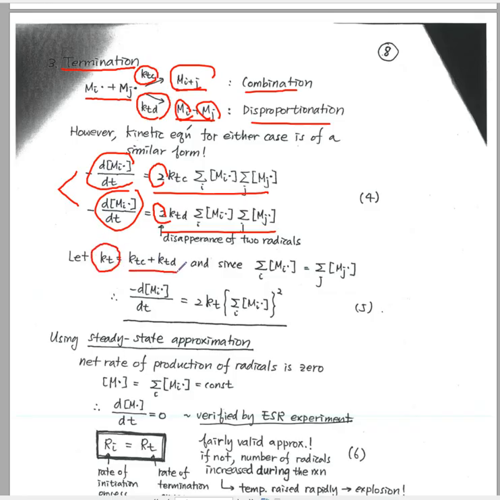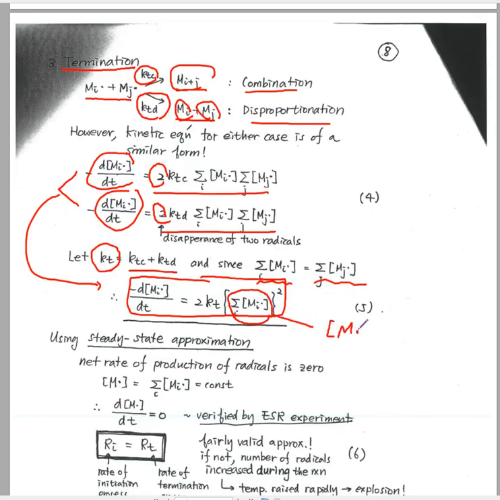Also, since the sum of the radical concentrations should be the same, we can easily rearrange these into these expressions. As I mentioned in the previous slide, we'll just write this part as [M•].